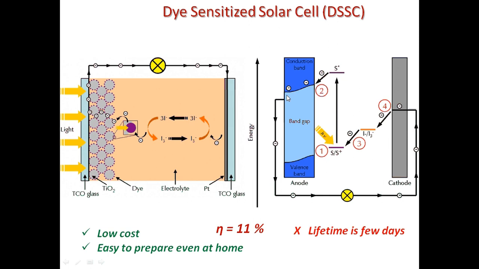Okay, and you can see here this electron transfers to the TCO. TCO is transparent conducting oxide. Okay, and then it flows to the outer circuit. It is brought back to my cathode, which is normally made up of platinum. You can see this is platinum, and then there is an electrolyte.